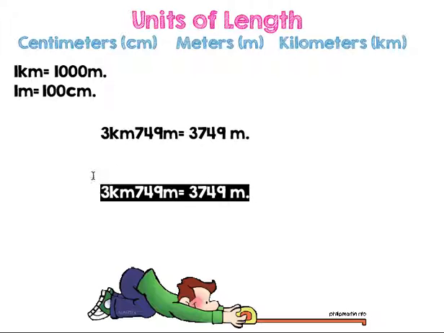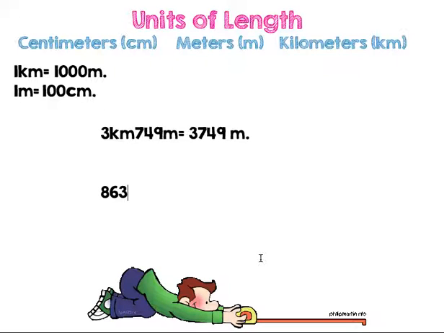Now they are gonna tell you all the number in meters. 8,063 meters, and they want you to write the answer in two parts, in kilometers and meters. Okay? So it's the same, but now backwards.